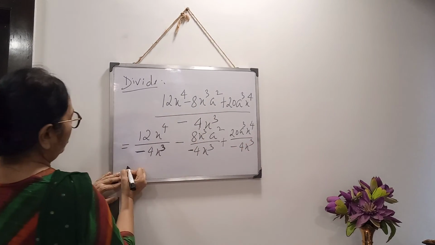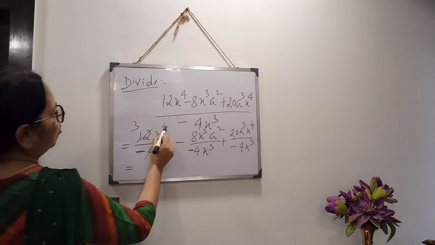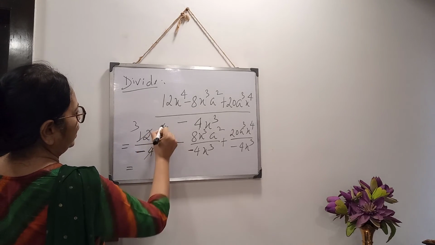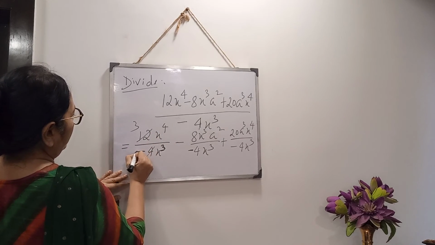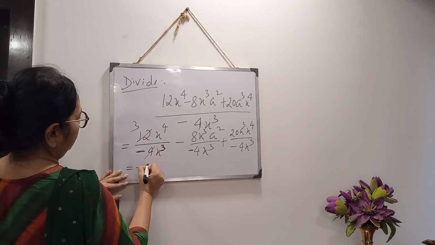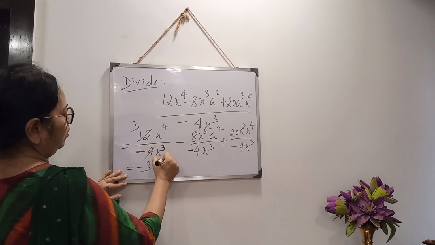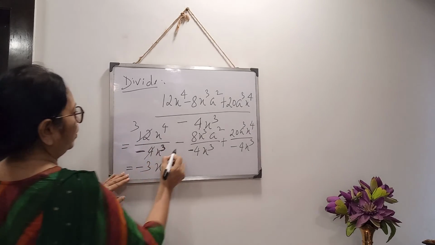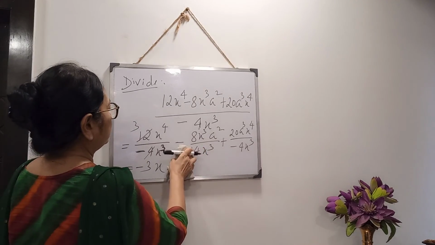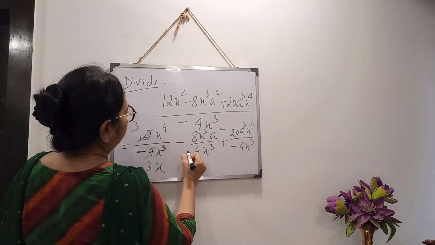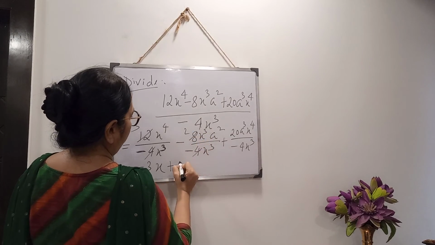Now see, 4 and 12. Now the power of x is 4, here 3. So in case of division, powers will be subtracted. 4 minus 3, it will become 1. And here minus, negative sign is there, minus 3x to the power 4 minus 3 means 1. So here you will not write down 1. This means 1. Clear? And this minus, there is negative sign, and this will become plus 2.